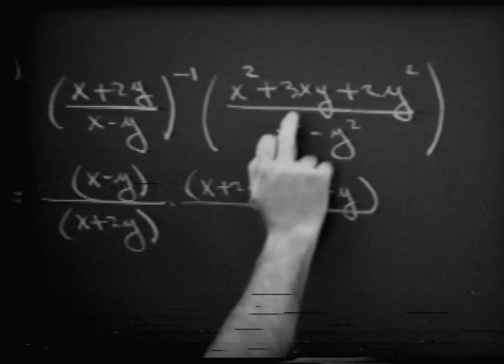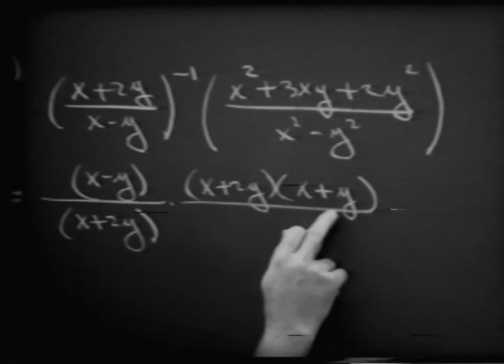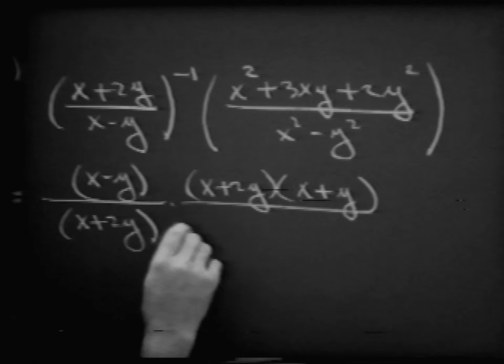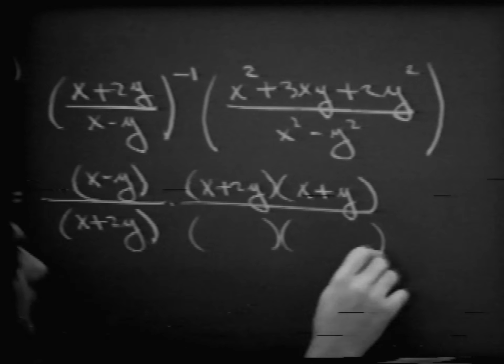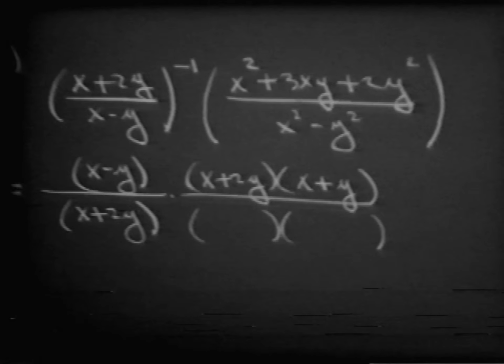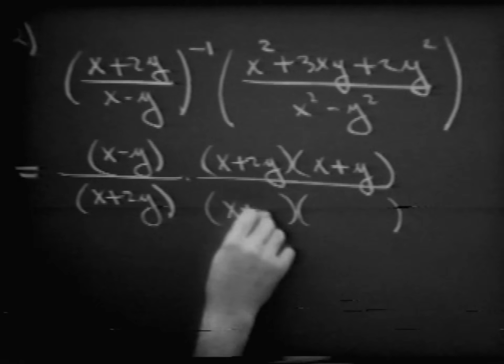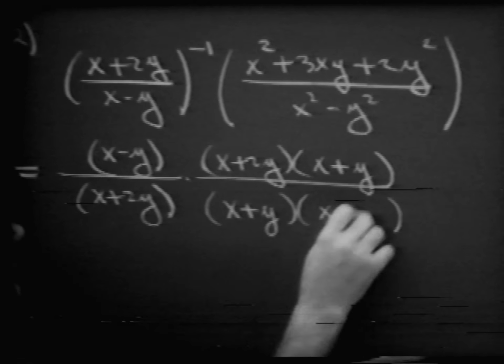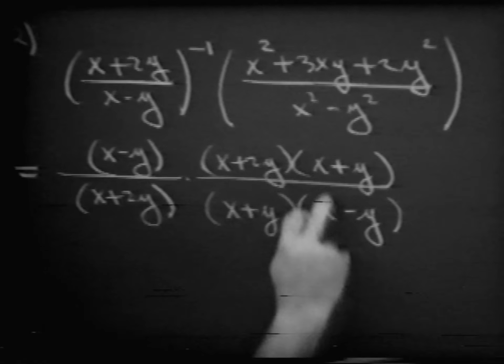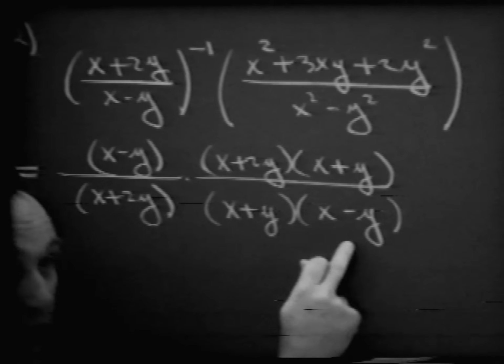I think everyone will agree that we get a plus 3xy in there, and a 2y squared. And looking at the denominator, you recognize a pattern there. We have x squared minus y squared, which will factor into x plus y times x minus y.